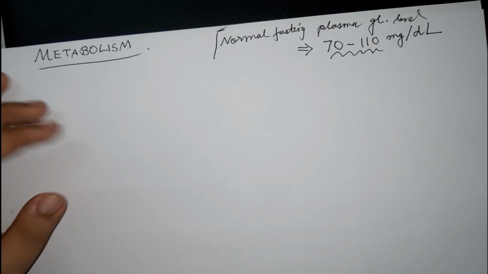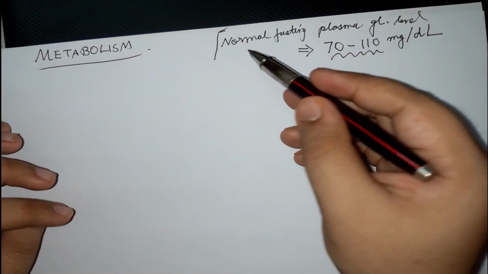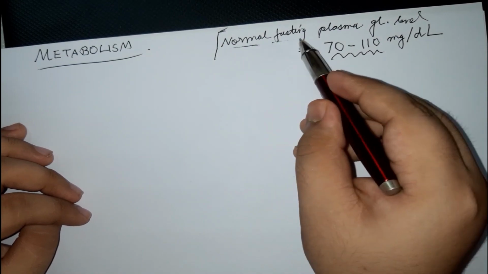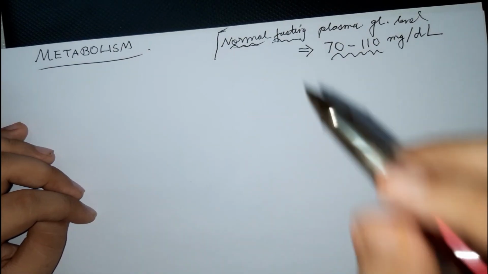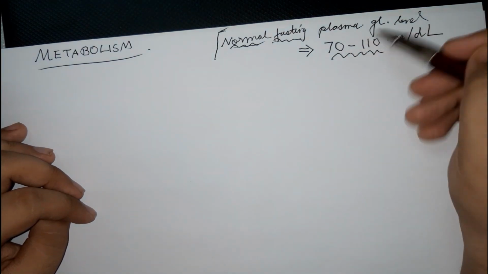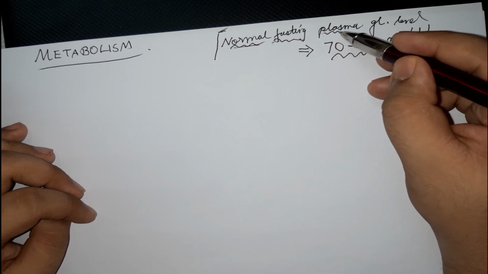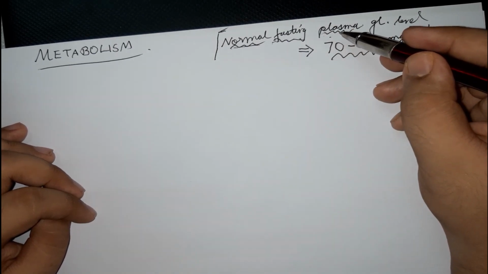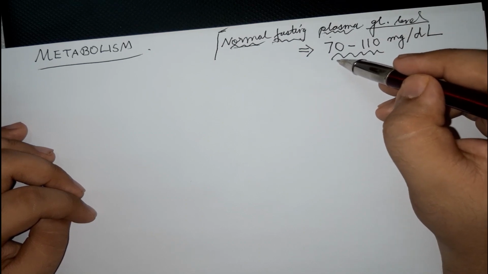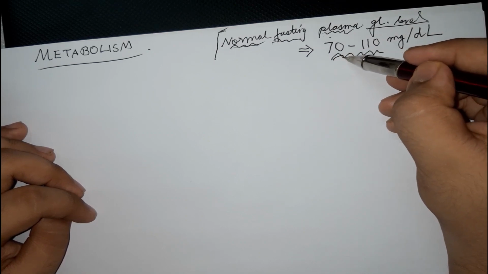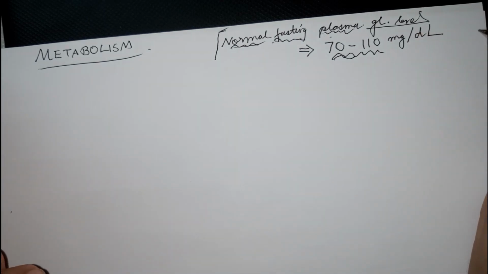Very, very important. We have to specify so many parameters at the beginning. It has to be normal fasting because obviously food intake will change the glucose level in blood. And since the glucose is being measured from the blood plasma, it is the plasma glucose level, in the range of 70 to 110 mg per deciliter.